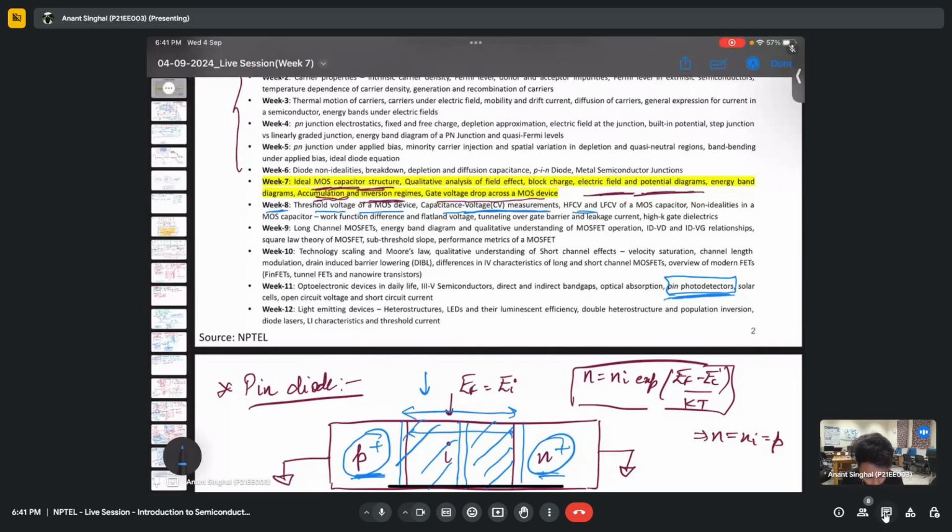We'll see it for high frequency and low frequency CV, and what deep depletion is for the MOS capacitor. We'll also see some non-idealities, such as the work function and the trapped charges in the oxide, and some of the leakage current and high K. We'll see it in the next lecture.